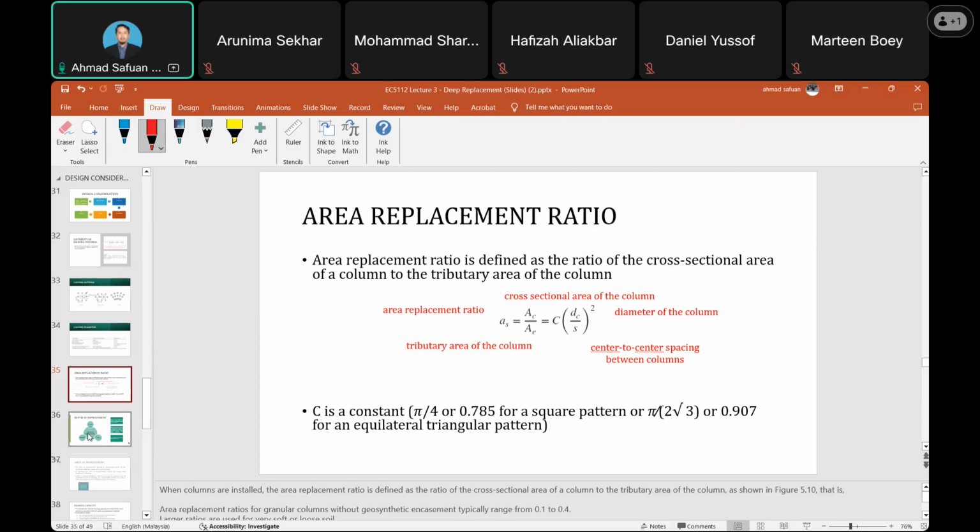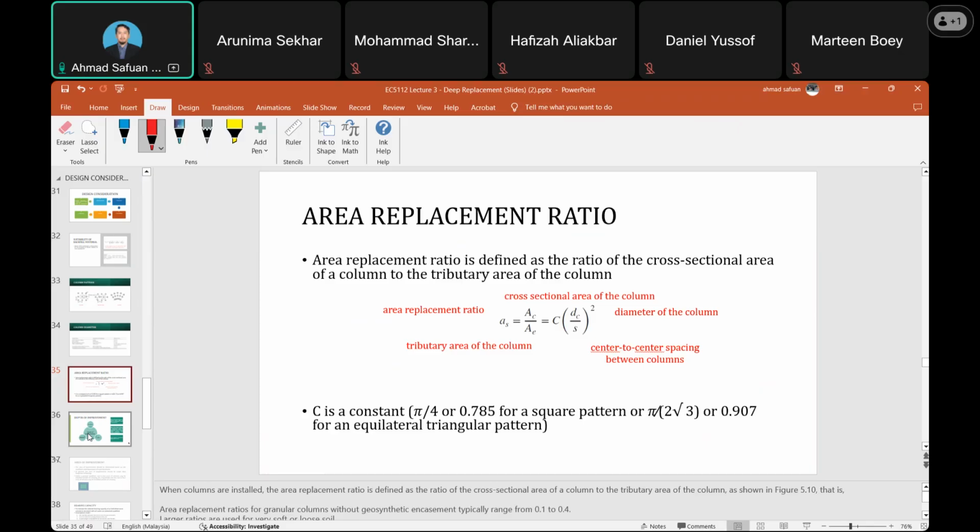So we have AS, the area replacement ratio, equal to the cross-sectional area of the column, AC, over AE, the tributary area of the column. Or we can use another equation, which depends on the C. D_C is the diameter of the column. S is the spacing, center to center, to get the AS value.